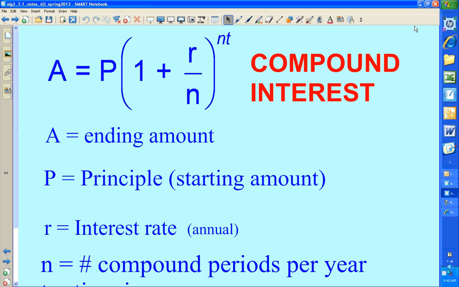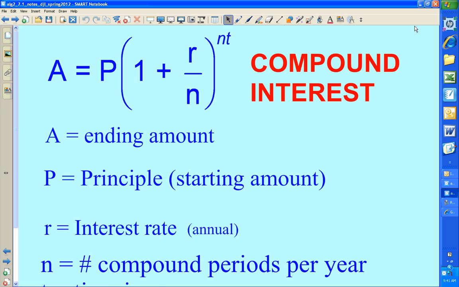If you're compounding multiple times during the year, you have to take the annual interest rate and divide it into the number of compounding periods so that you get an interest rate per compounding period. That's how we get our growth factor. In the exponent position, it's the number of compounding periods n times however long you run the investment for, or the growth for.